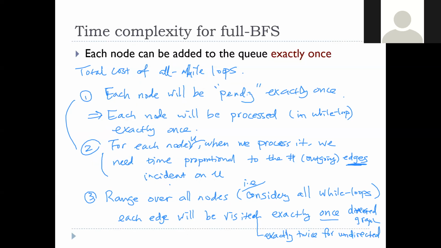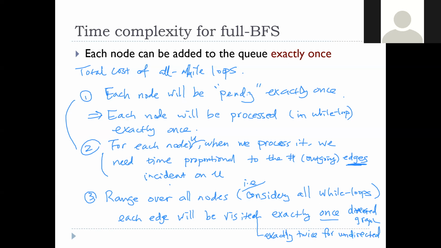When you have an edge UV in the undirected graph, when we're exploring U, we visit the edge UV to find its neighbor V. And when we're exploring V, we go through the edge VU to find its neighbor U. So you're going to touch it twice.